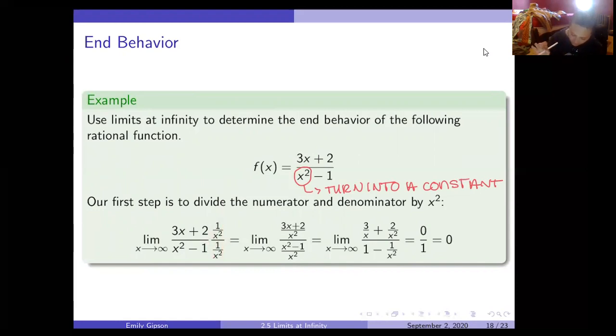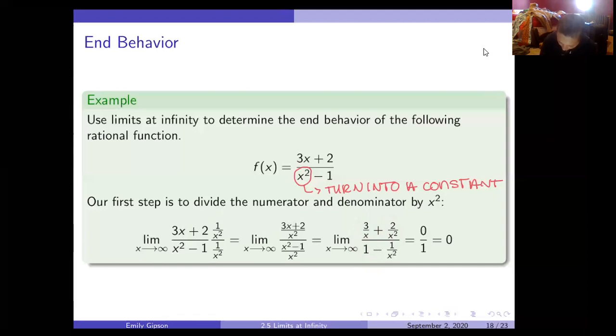We're doing the same thing to the top as we're doing to the bottom, and we're multiplying the entire expression by 1. And by dividing the numerator and the denominator by x squared, we can break it up, and we end up with 3 over x plus 2 over x squared. And that leading coefficient in our denominator turns into a 1, minus 1 over x squared.